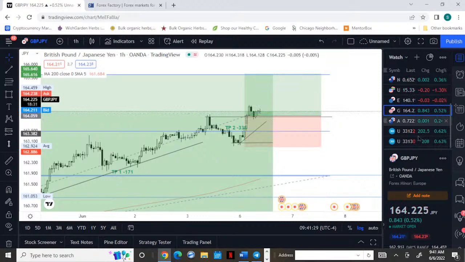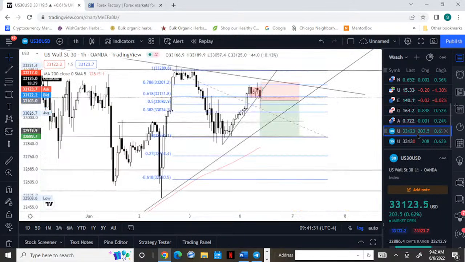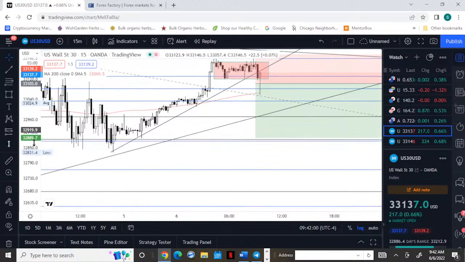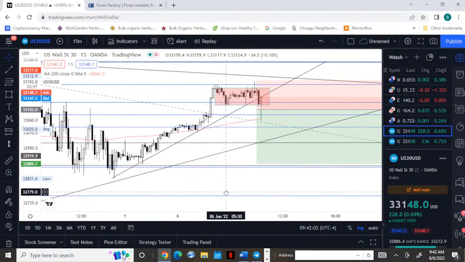We're getting a retrace on US 30. Look at how that candle is pulling back. Let's see. Looks like retested a trend line on a higher time frame.